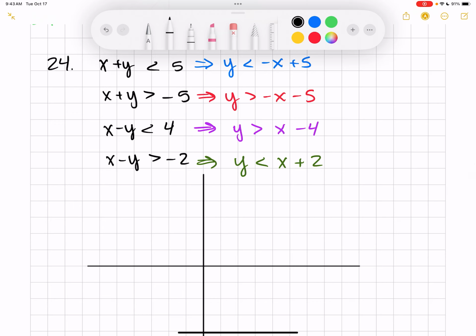All right, so I'm going to do each of these individually. These are all going to be dotted. Because you probably are going to end up using colors. If you accidentally do one solid that was supposed to be dotted, just draw a little arrow to it and write dotted, because unless you have erasable pens, you can't erase a pen. So, we've got intercept at 5 and a negative slope.